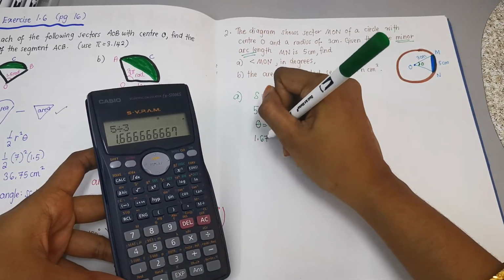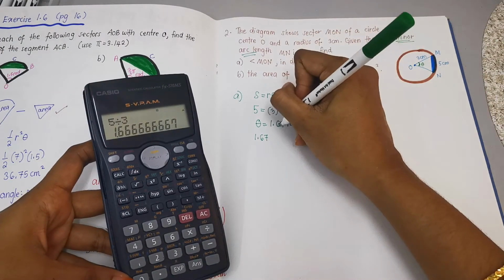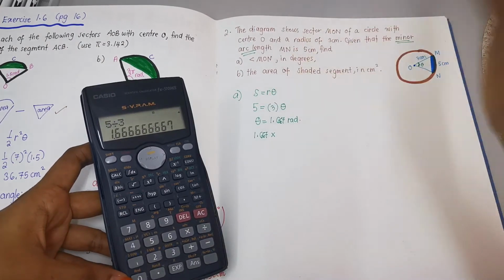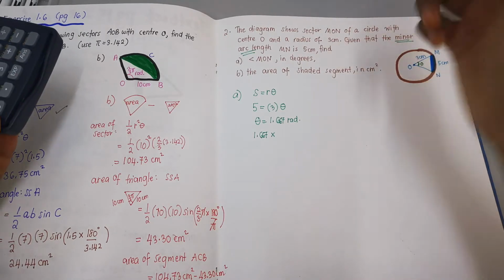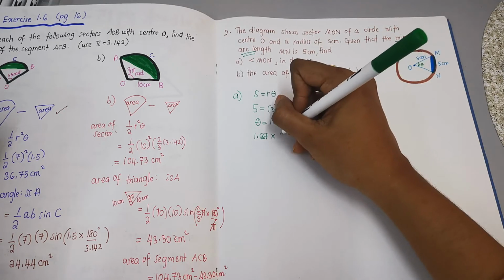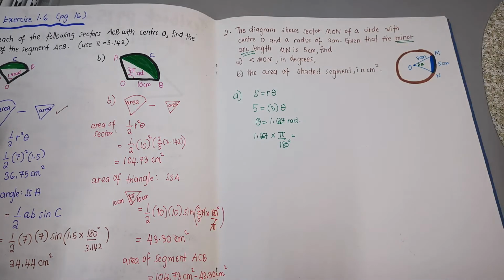Okay, so now change this to degree. So 1.67, or you can take 1.667, which will be better for significant figures. Times, I want to change to degree, so we have to times with pi over 180, right? Hold on.